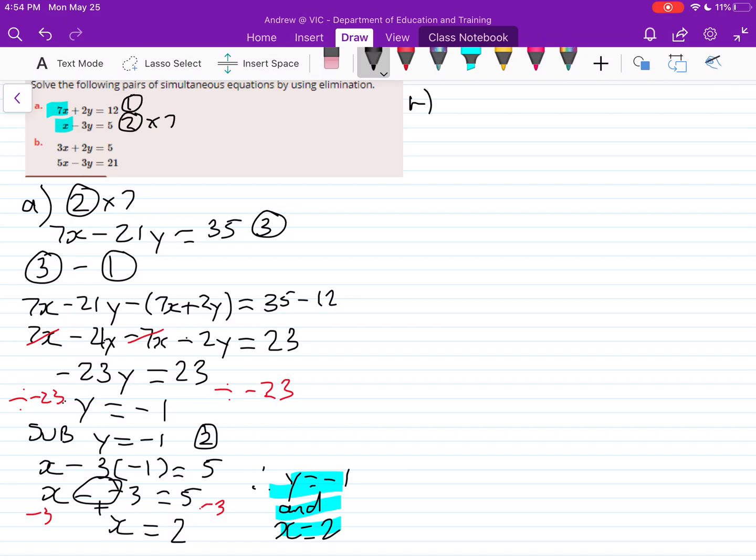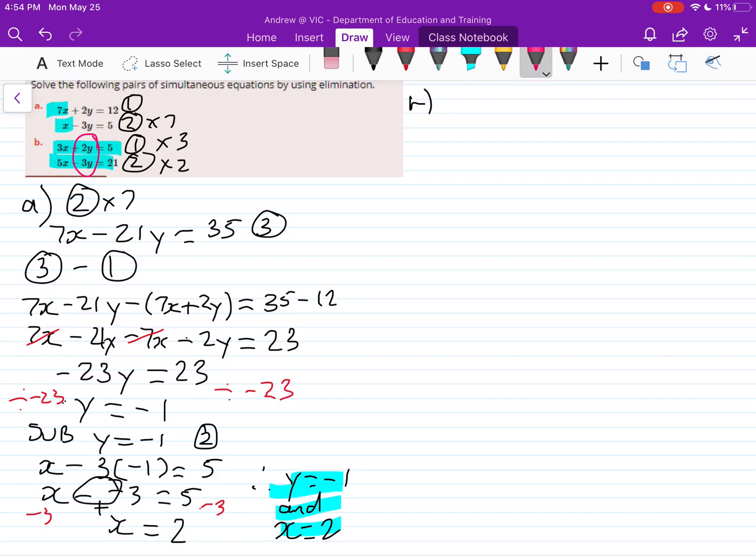Now, part B. You'll notice here that we don't have any coefficients that can easily multiply into the other. So we're actually going to have to multiply both equations here. A good one here is to multiply the first one by 3 and the second one by 2, so we can get our y coefficients the same.